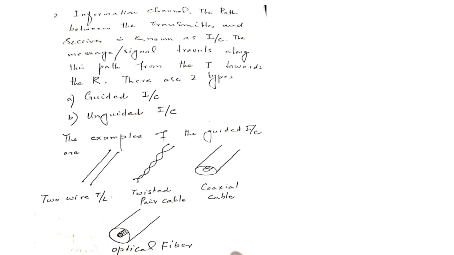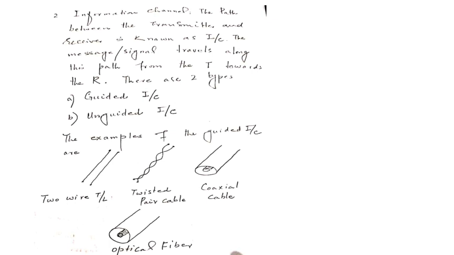And there are two types of information channel: guided information channel and unguided information channel. We know that the only example of the unguided information channel is the atmosphere, that is the air, which is known as the wireless information channel as well. And this wireless information channel is utilized by different types of wireless communication systems.